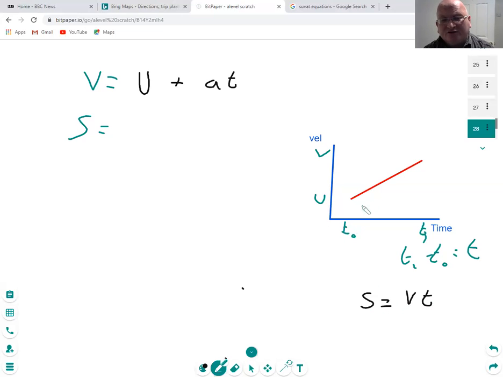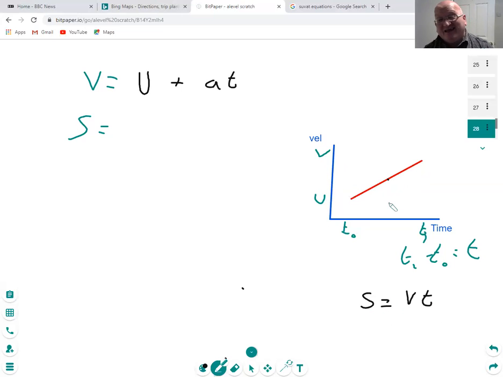But here the velocity is changing, but because it's changing at a constant rate, we know that it gets to halfway between U and V. That's actually the mean or the average velocity if you reach halfway through the experiment.